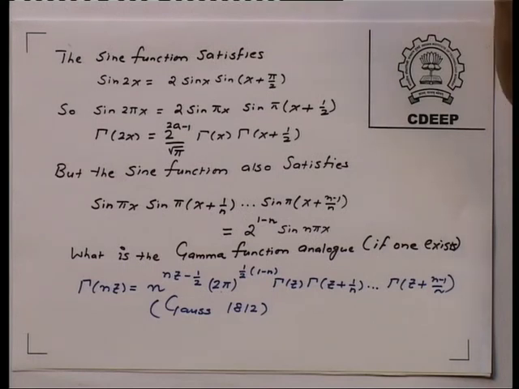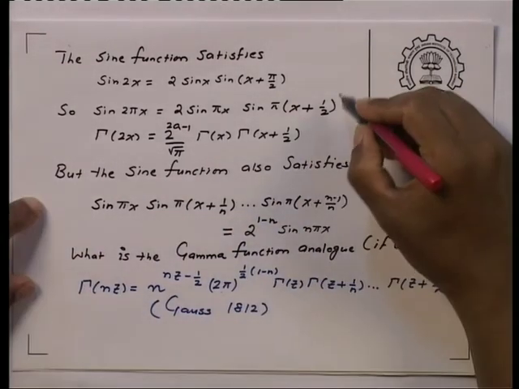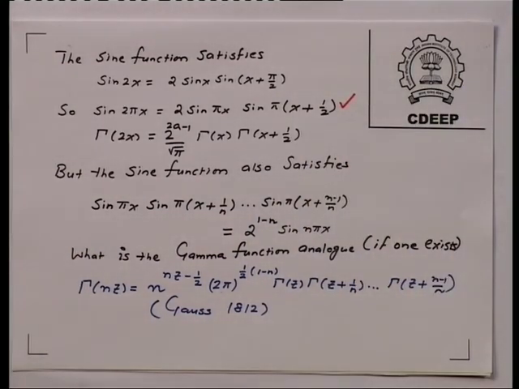So, we will write sine 2 pi x is 2 sin pi x sin pi into x plus half. So, sine function satisfies this very interesting duplication formula, and compare the duplication formula for the sine function with the duplication formula for the gamma function. You see a very close resemblance.